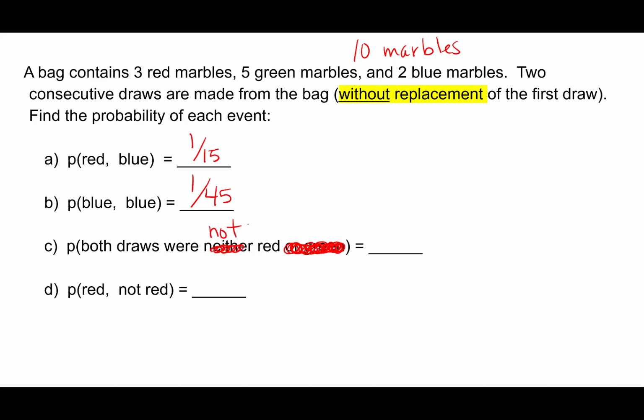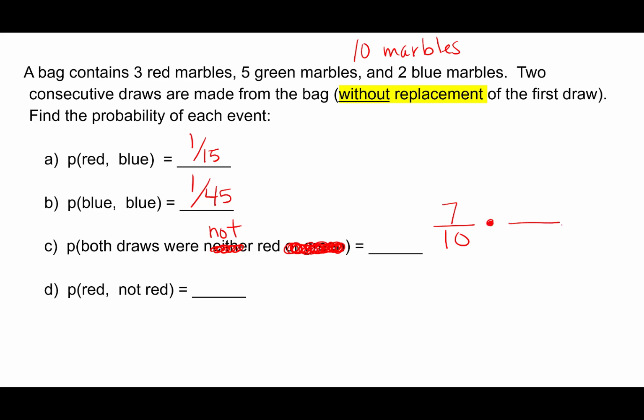Okay, so what does that mean? That they could be blue or green. Okay, so draw number 1, we know we're going to have 10 marbles. We can pick either a blue or a green. There's 5 green and 2 blue, so there's 7 non-red marbles in the bag. Okay, we're going to keep that non-red marble out, and we're going to now go in and draw a second time.